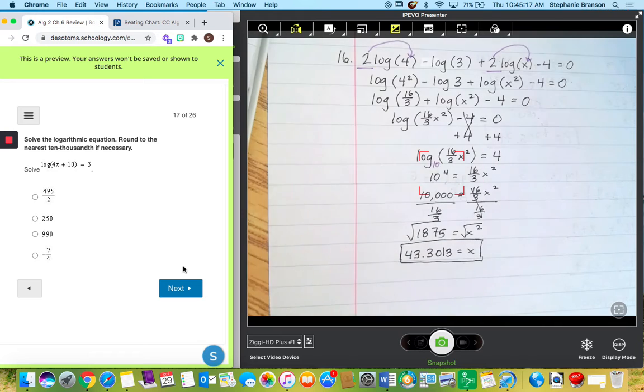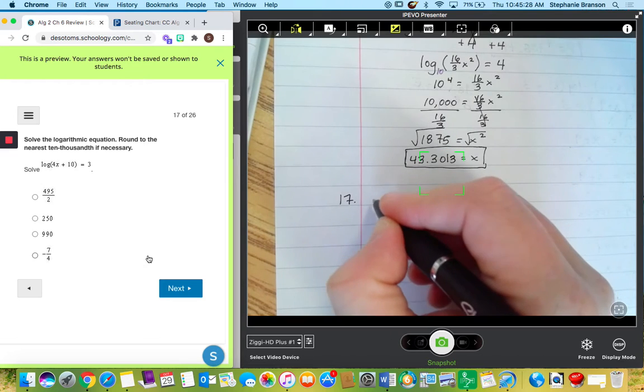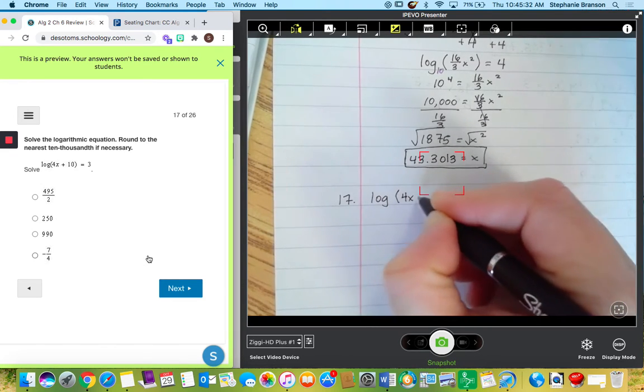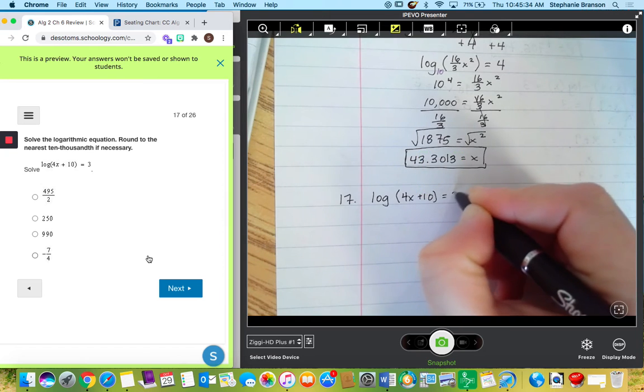All right, the next one I'm going to work with you guys is number 17. And for 17, I've got log of 4x plus 10 is equal to 3.